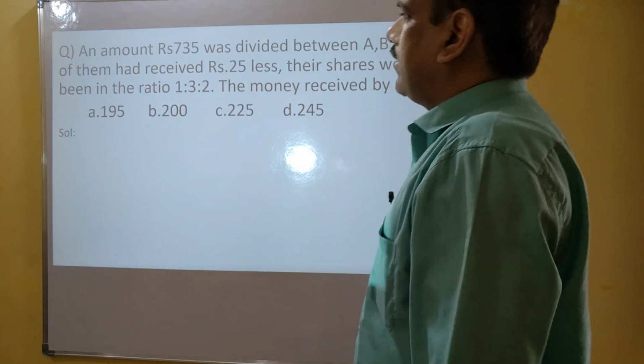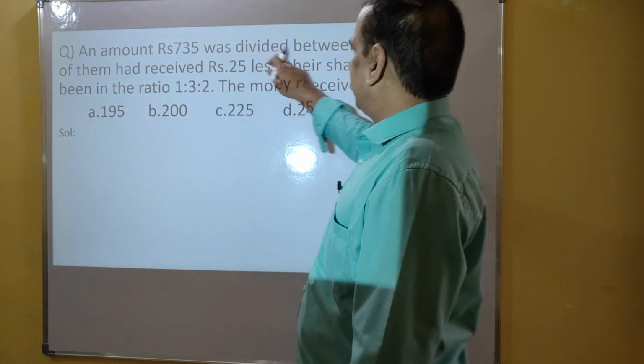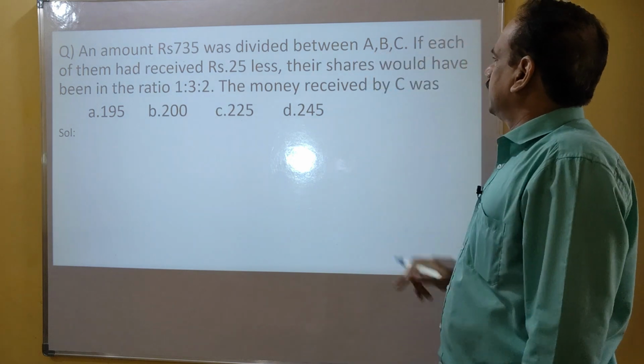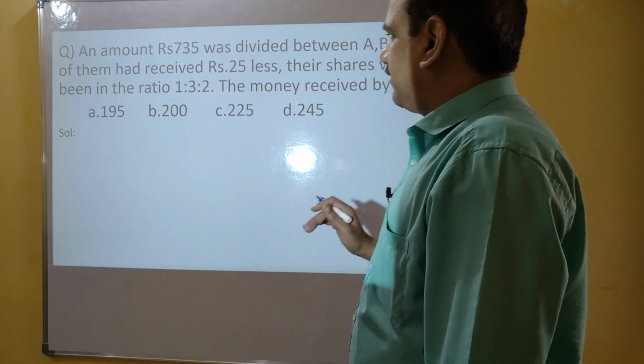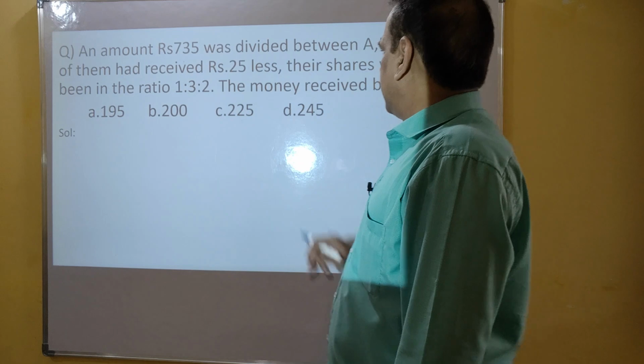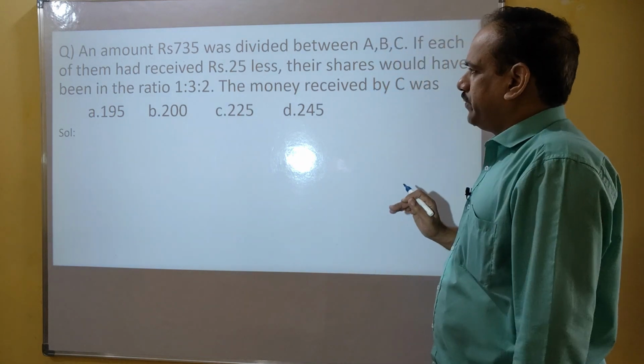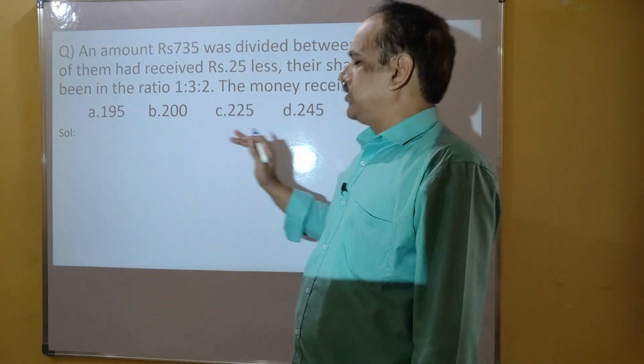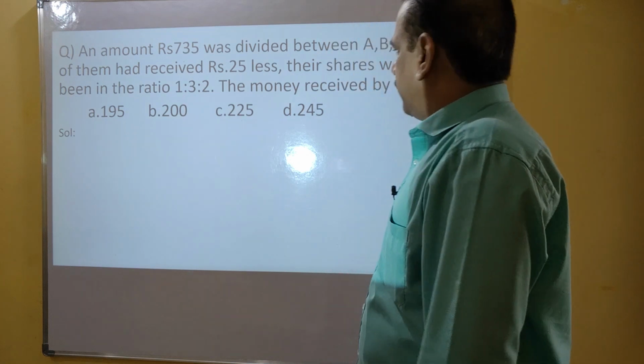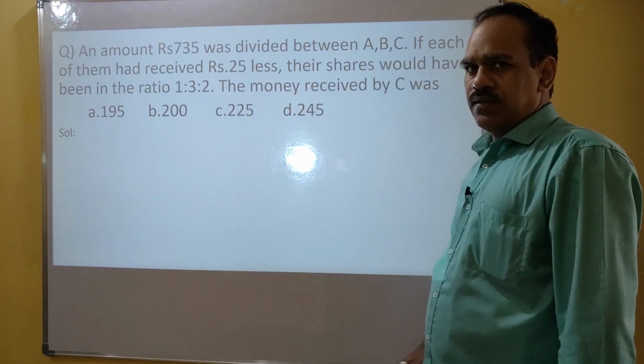So coming to this one, an amount of 735 was divided between A, B, C. If each of them had received 25 rupees less, their shares would have been in the ratio 1:3:2. The money received by C was what?